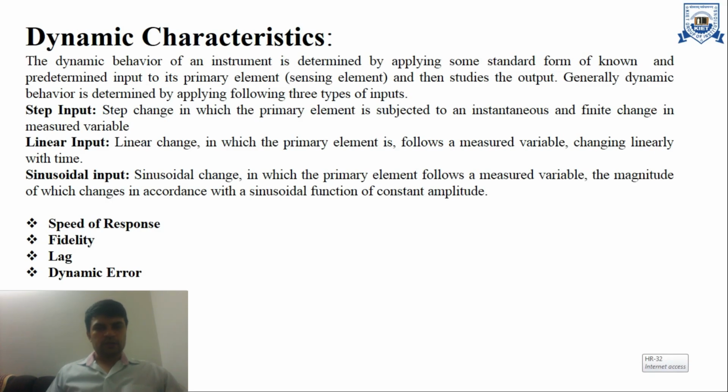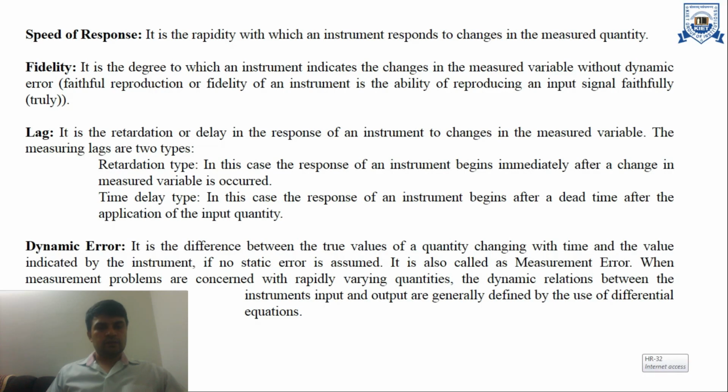In dynamic characteristics, we have speed of response, fidelity, lag and dynamic error. First, speed of response: it is the rapidity with which an instrument responds to changes in the measured quantity.